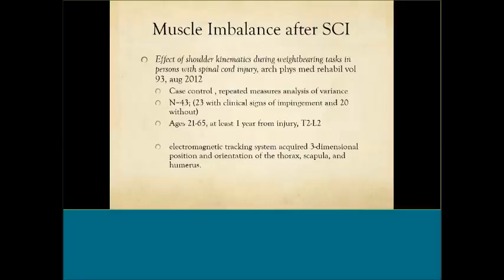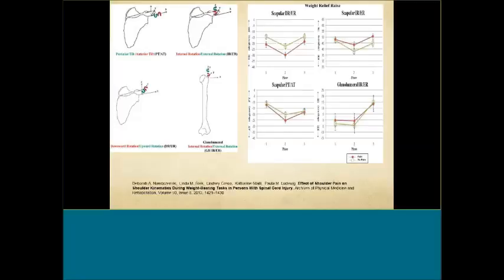They did one in '93 and then another one in August of 2012, and this study showed there was a lot of difference after spinal cord injury and with pain about the shoulder motion. Okay, so when we see this, it's a lot of graphs, kind of unnecessary, I apologize. But what this does tell you is that the scapular motion changes drastically when we see a patient with pain.